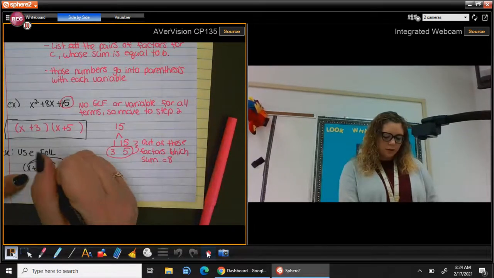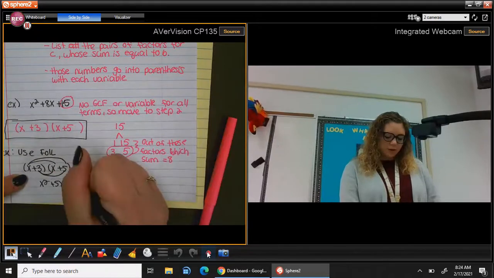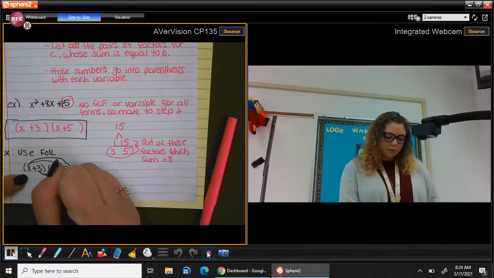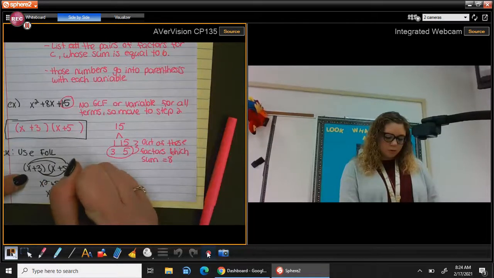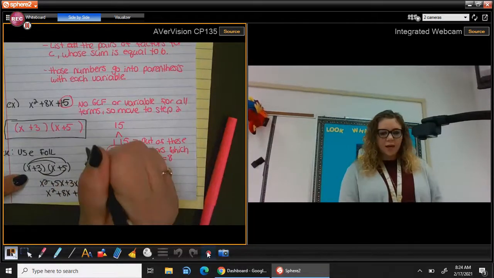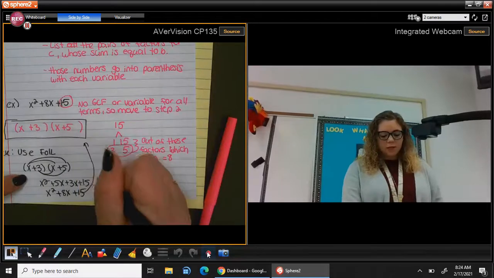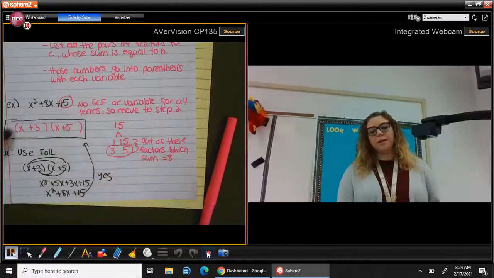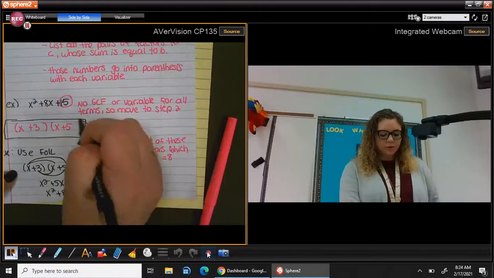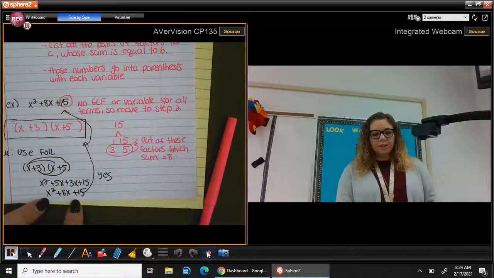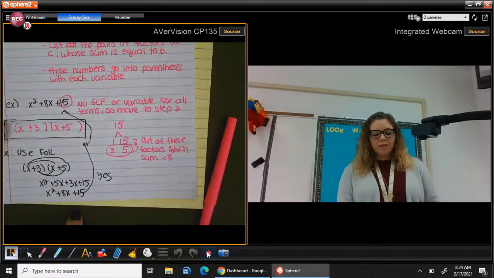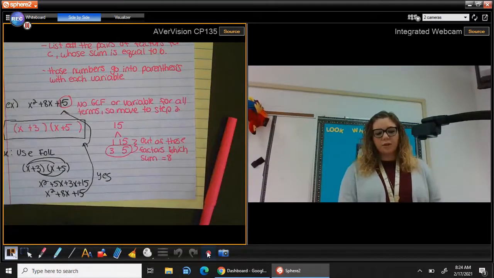And then you're going to do your last: 3 times 5 is 15. Combine like terms. Does this match that? Yes, so this is my answer. This matches your original one, so that tells me we factored this correctly.